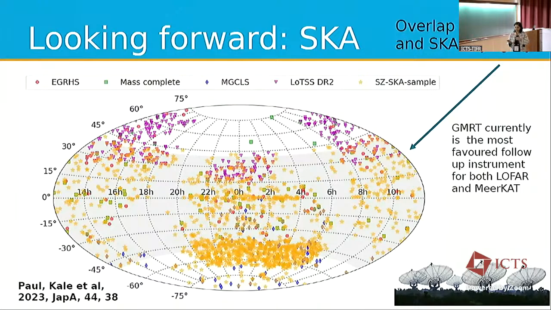It is a favored instrument for follow-ups of LOFAR discoveries or MeerKAT discoveries, and will continue also in the SKA era. And these are the clusters from the SZ samples which would be accessible to the SKA in the southern hemisphere and LOFAR in the northern hemisphere.